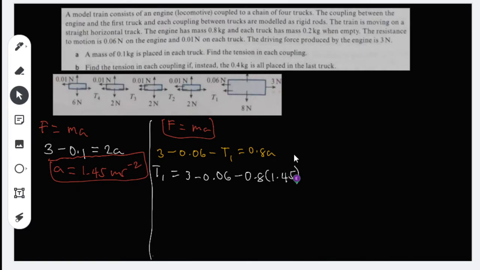So approximately, we're going to arrive here with T sub 1 equal to approximately 1.78 Newton. We're going to express it in decimal places. Please pause the video if you want to check it.